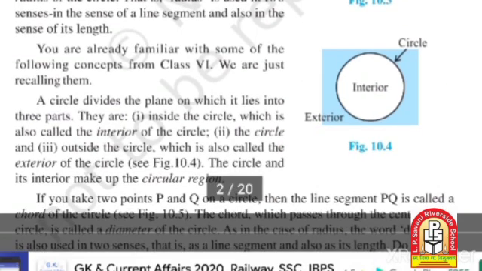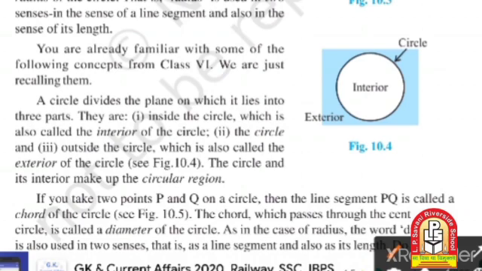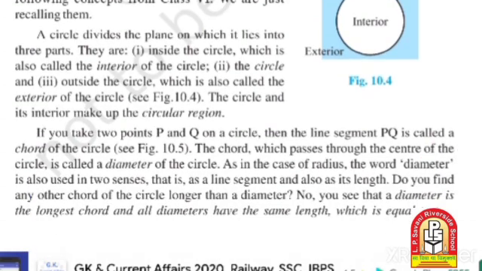The part inside the circle is called the interior of the circle. The second one is the circle itself, and the third part, outside of the circle, is called the exterior of the circle. So the circle and its interior make up the circle region.